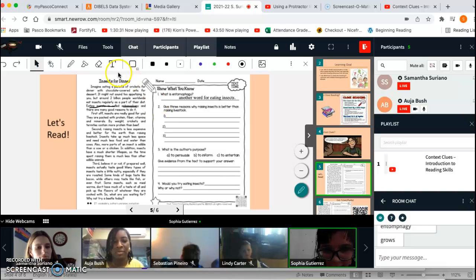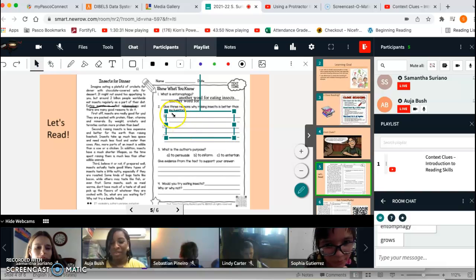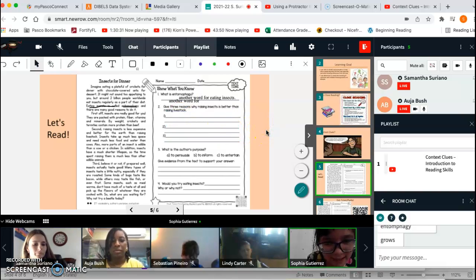And so second, raising insects is less expensive and better for the earth than raising livestock. Insects take up much less space and need much less food and water than cows.